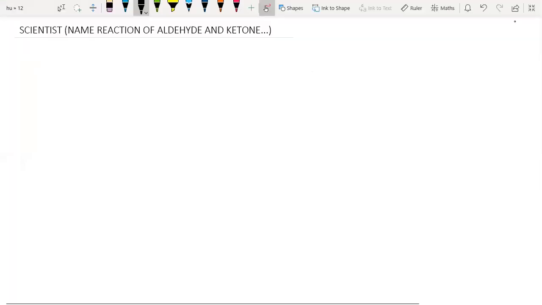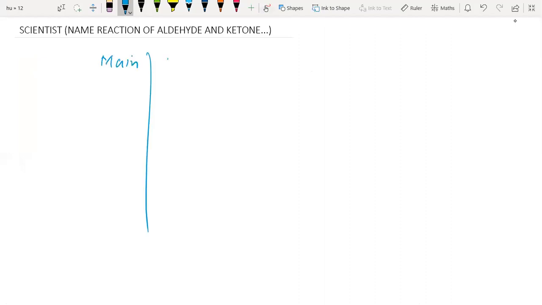Hello everyone. Today let's see the preparation of aromatic aldehydes and the name reactions involved in it. So first we'll go for the scientists which are there in this. For that we require main material, add, and arrow.